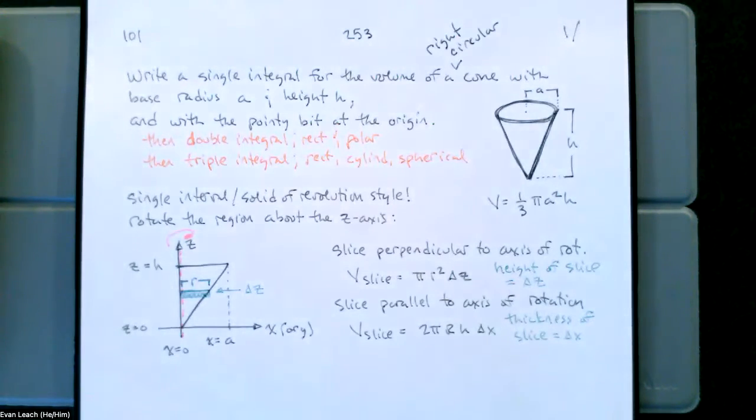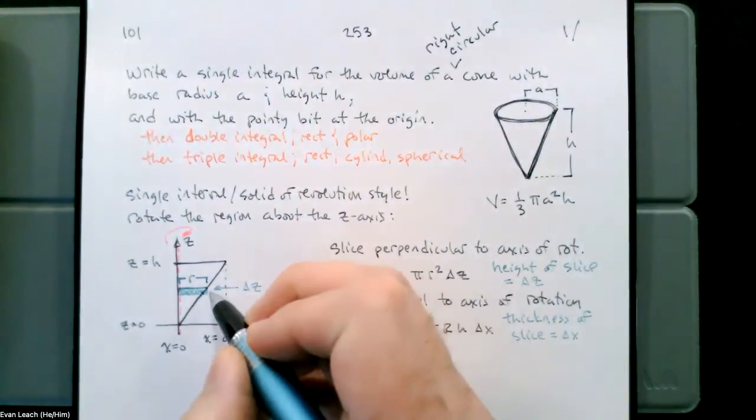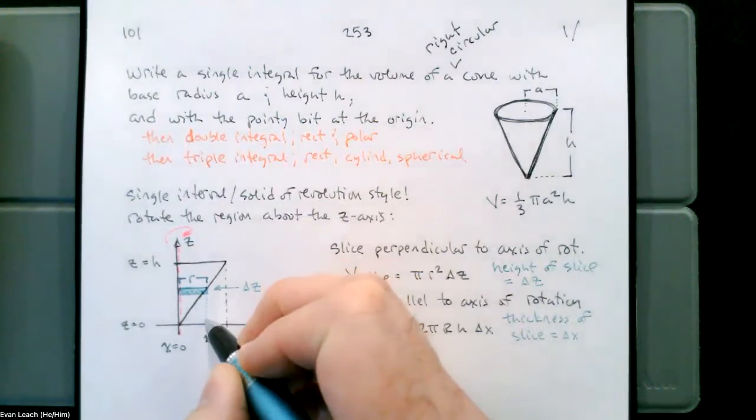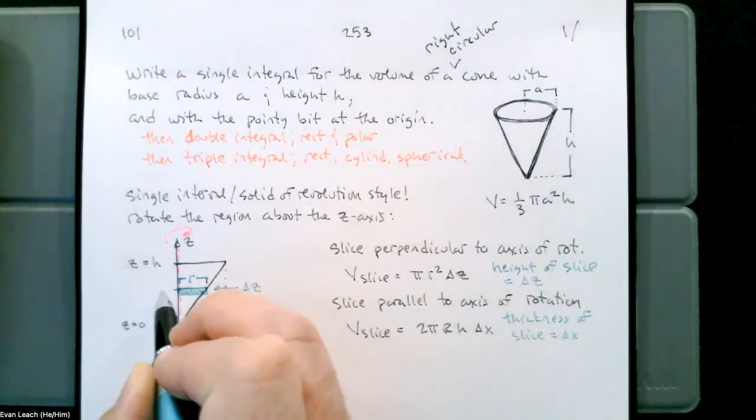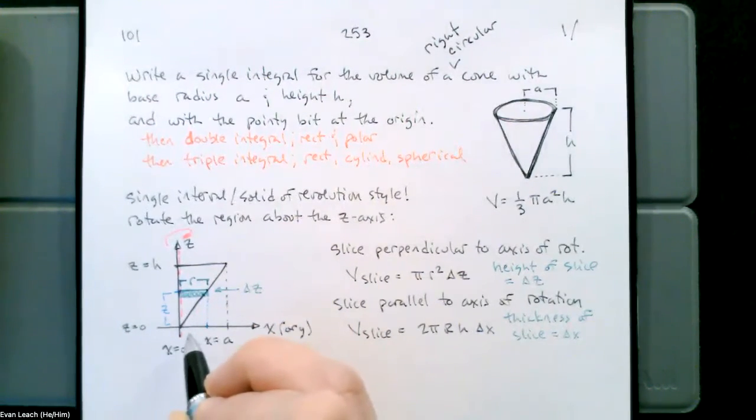I've got to figure out what r is in terms of the delta variable, in this case, delta z. So I've got to figure out what r is in terms of x and z. So I'm going to take my slice and label where x is and where z is. There's z and there's x.